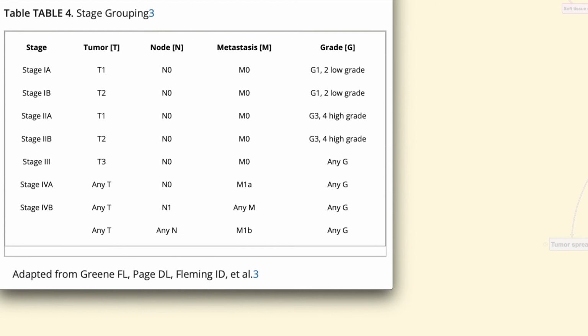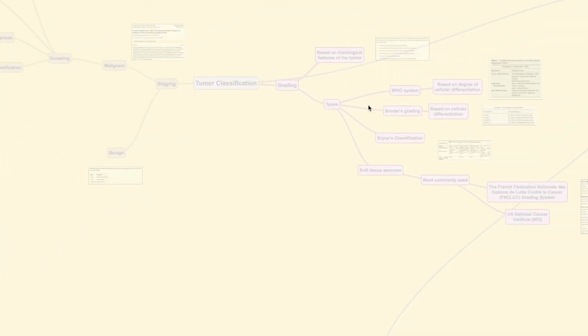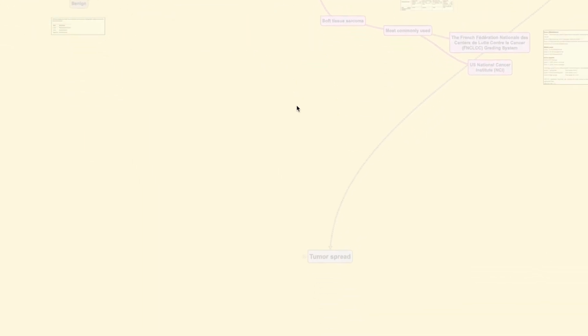So staging is indeed a very flexible thing. Things could get worse as you discover new information regarding the patient. While for the grading, it's usually fixed because you obtain a tissue, you look at the tissue, and you know the grade of the tumor.